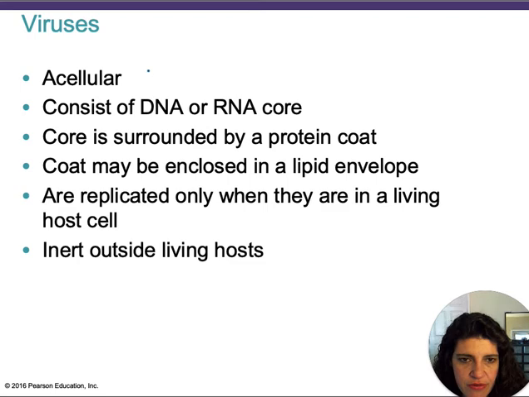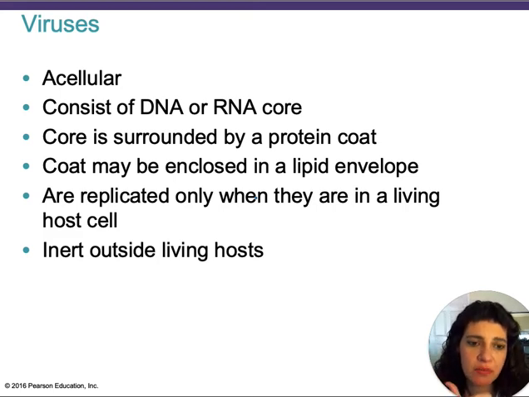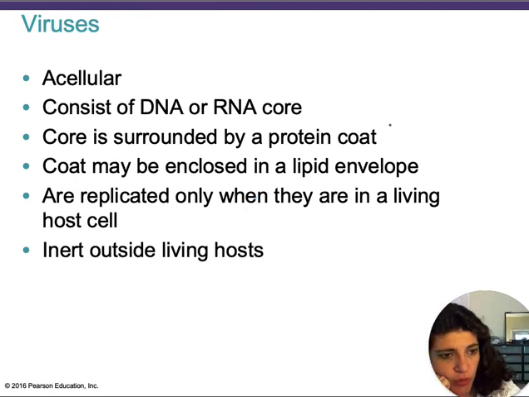What about viruses? Viruses are acellular. They have DNA or RNA in their core, and they have a protein coat, like a capsule around them. They can also have a lipid envelope that comes from the host, and we're going to tell you how they steal that from the host when we talk about viruses.